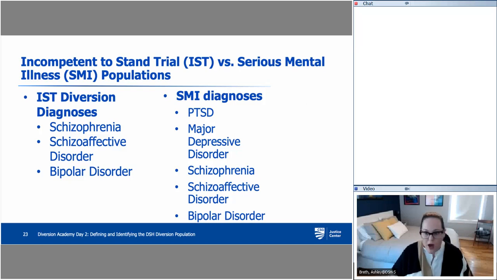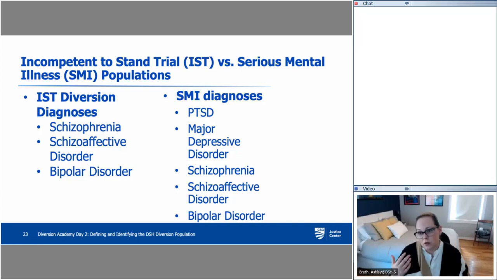And what they found was that the majority of the ISTs being admitted into our program really had, in particular, schizophrenia and schizoaffective disorder. Bipolar disorder, I believe, was second or third. I know the DSM has changed, so how you define some of these things has changed a little bit. But that was the number one reason.